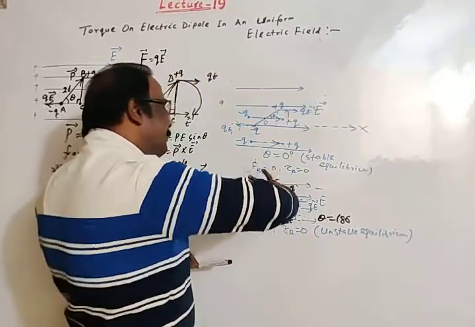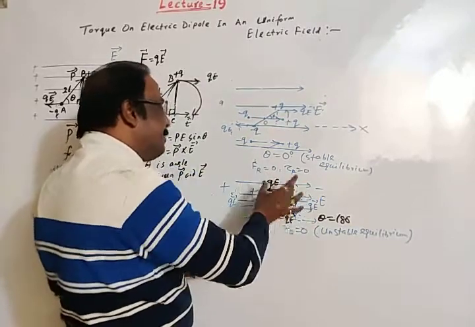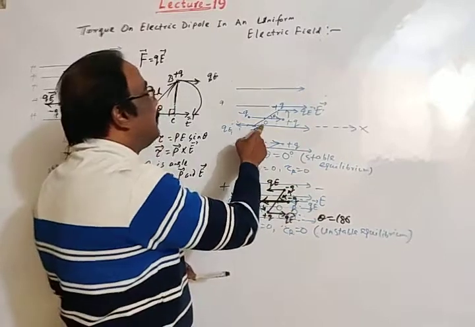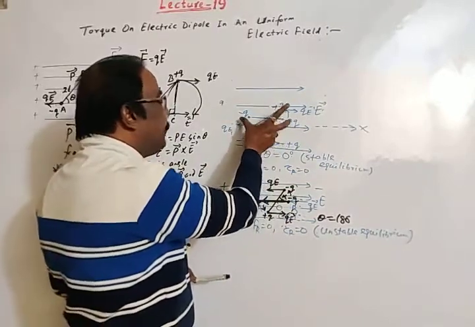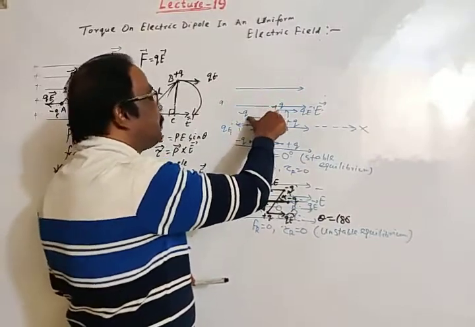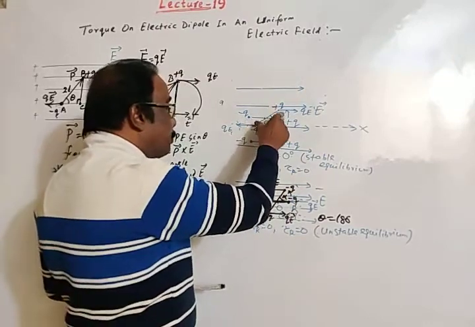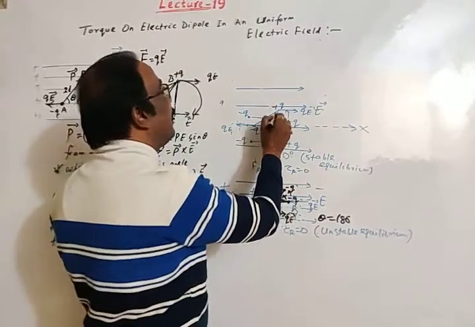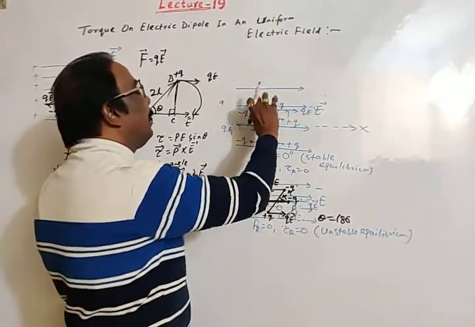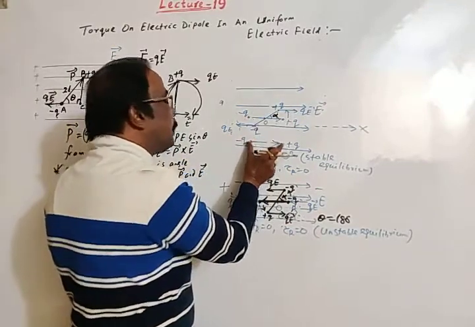So this position is unstable equilibrium, because the dipole has to come back to this state, minus q and plus q like this. In the stable case, if rotated through a small angle alpha, due to clockwise torque it will return to its original position.